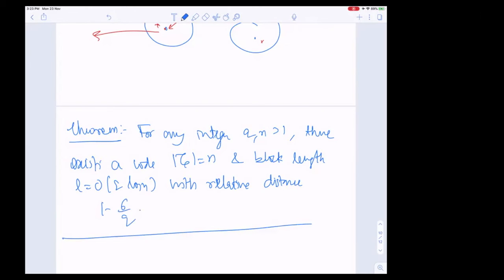Which basically means that the number of places that you match is roughly a 6 over q fraction. Most places you are disjoint.